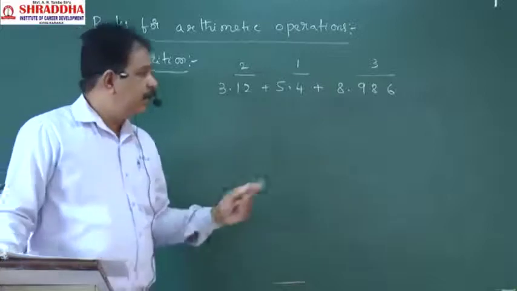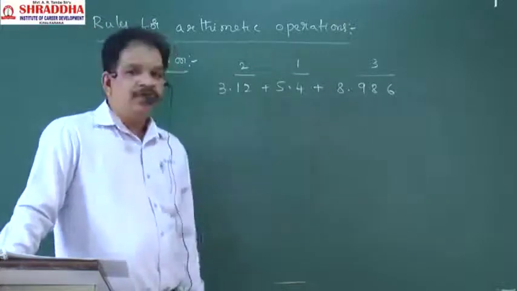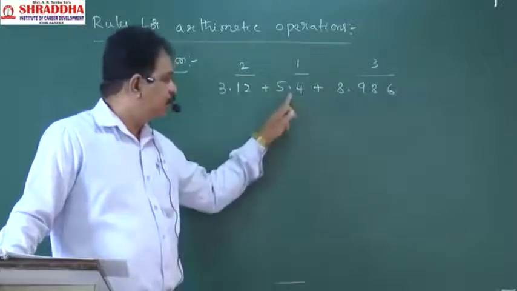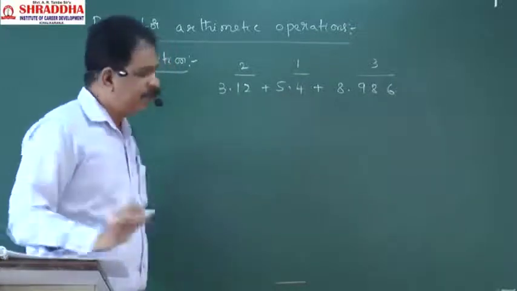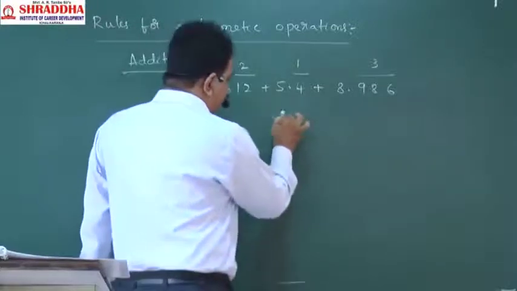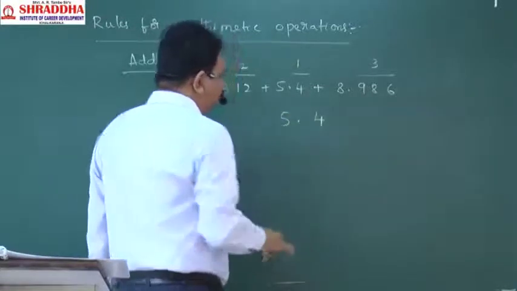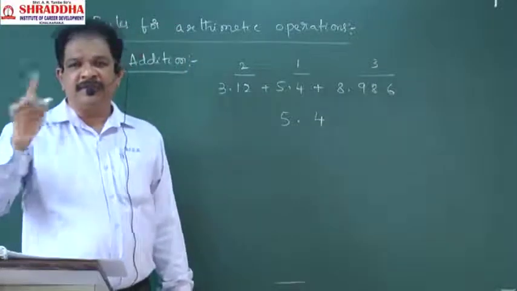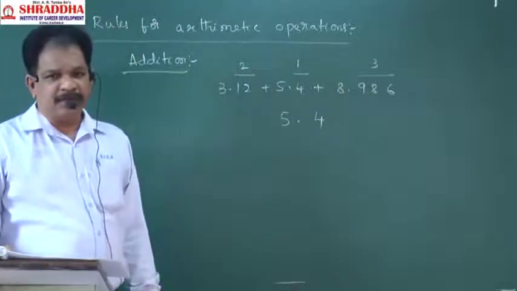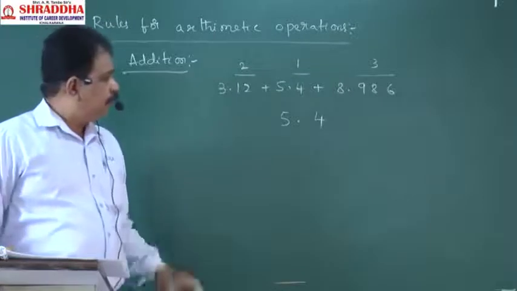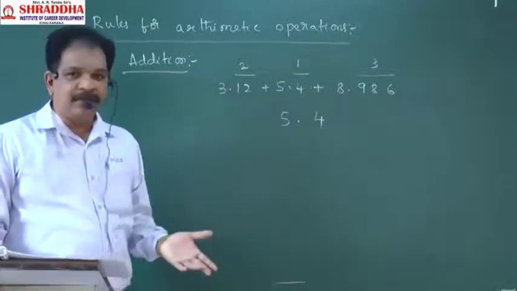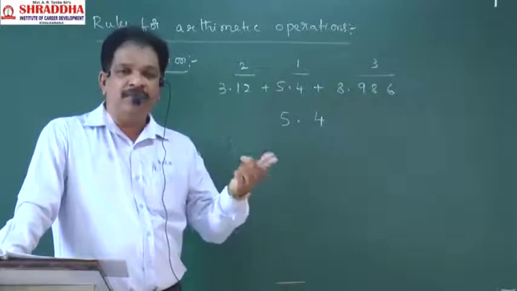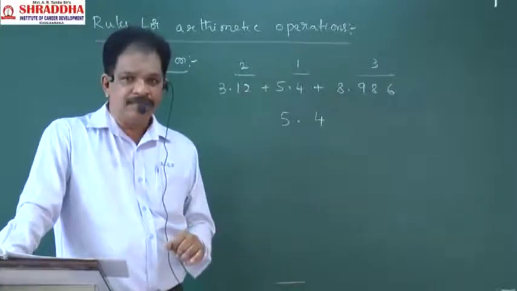Okay. Then rounding them. Which will have the least number of significant figures? This number, 5.4, has the least number of significant figures. Only one significant figure is there after the decimal point. Now, the remaining numbers, round them to have one more significant figure.